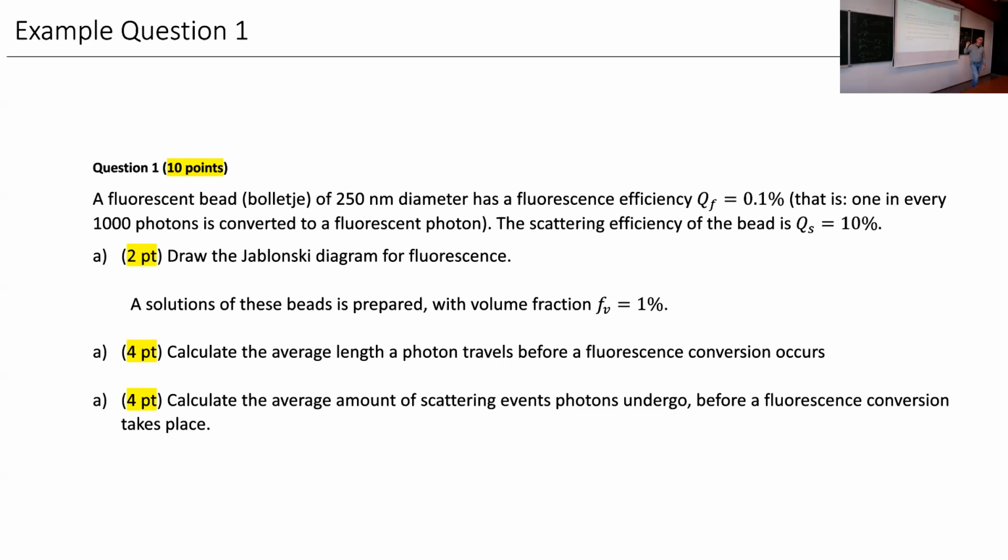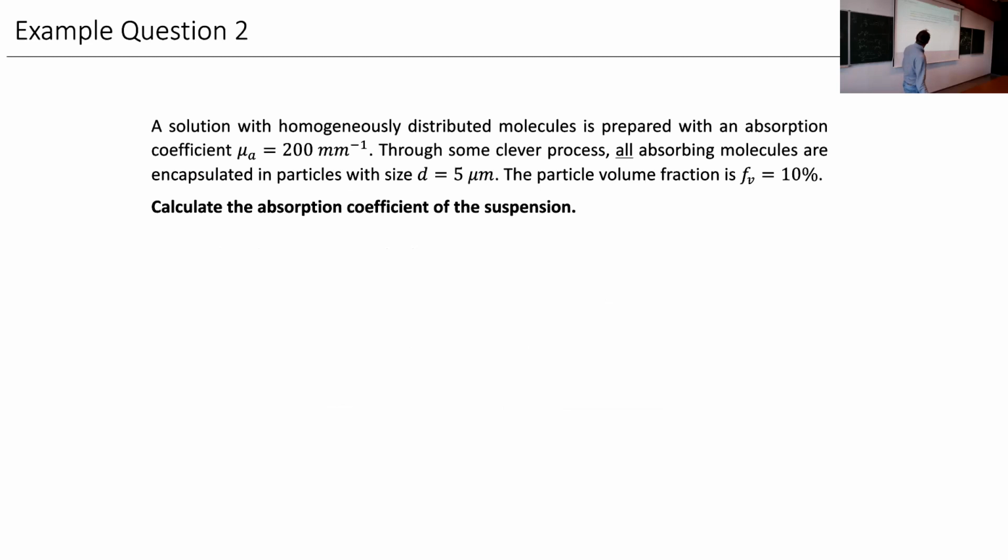For that, if you know the number density or the volume fraction, you can calculate the coefficient, and if you invert the coefficient, you can calculate the average length between fluorescence events. That would be a question with a small calculation.